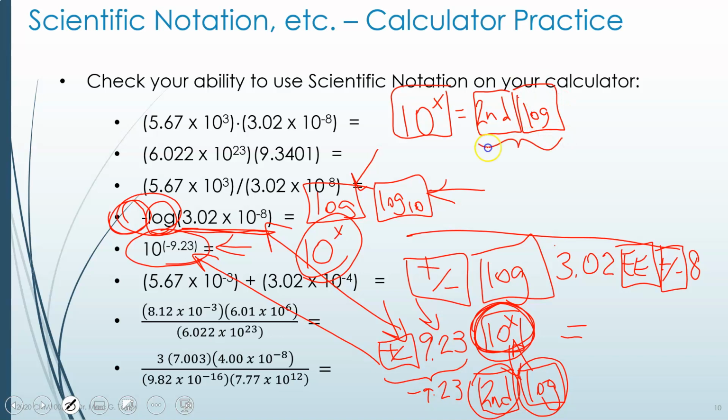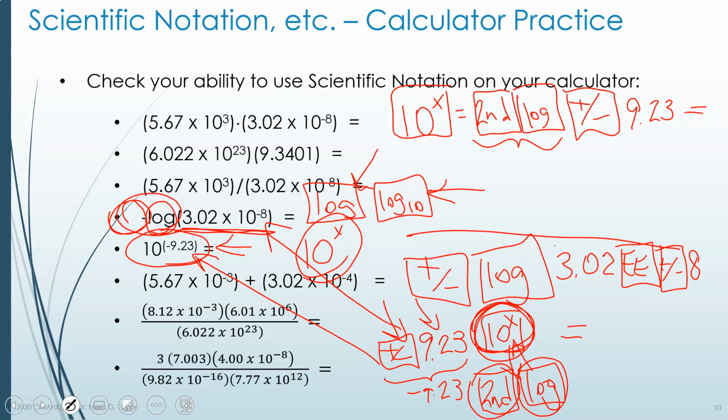So you're going to be touching these together in some calculators, and in some you would hit second first and then log. Check your calculator. Most of the time it's sequential. Hit the second, then hit the log. That means 10 to the power button. And then you would type plus or minus button, and then you type the 9.23. And then you'll hit the equal sign and you'll get your answer.